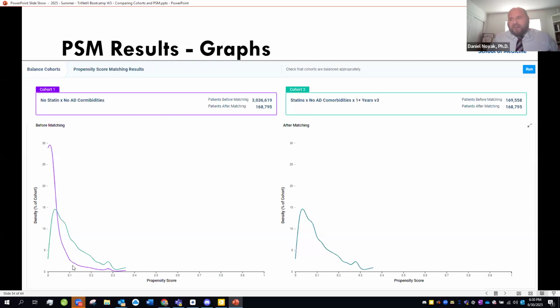That means there's not a lot of propensity in this case to be grouped into group 1. You can see, though, in group 2, because of the way we've defined it by having statins, there's a lot of propensity for being in group 2. So the distribution of scores is a little higher between the two before matching.